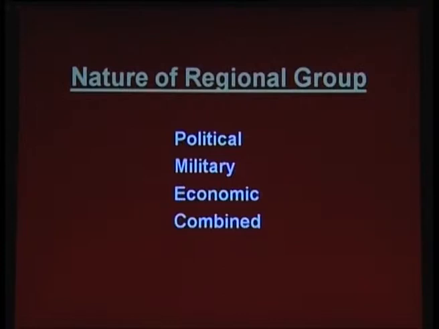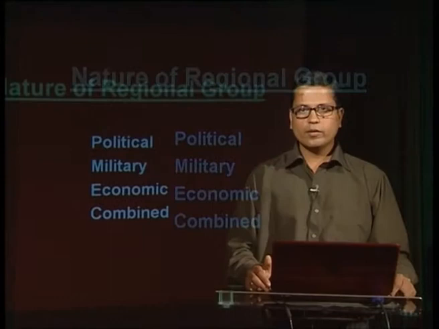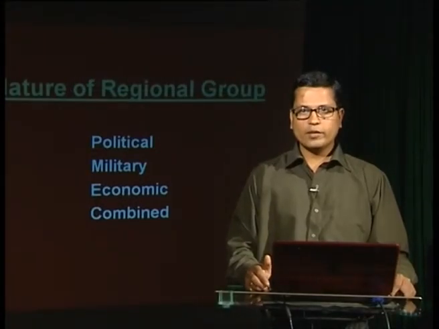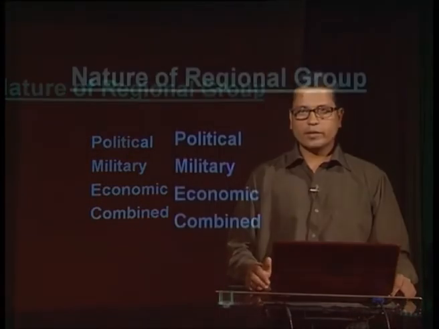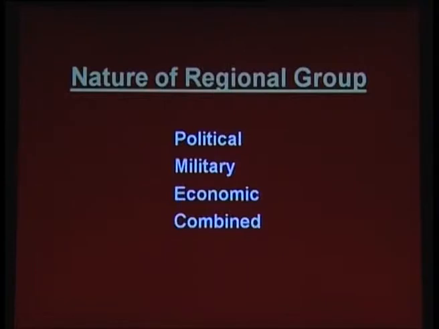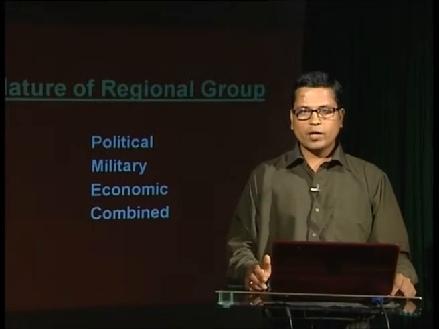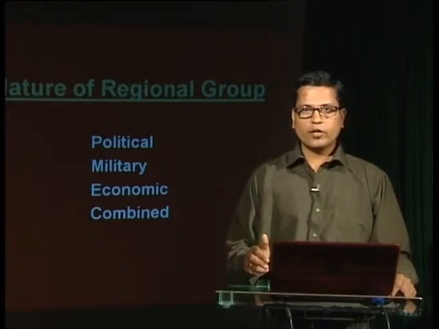These natures are political, military, economical or combined, where the political intention could be to make a common platform where they can negotiate with other countries at a better level, and make their global point with strength. The military-based regional platforms are where they make a common army and common defense services to face security problems.